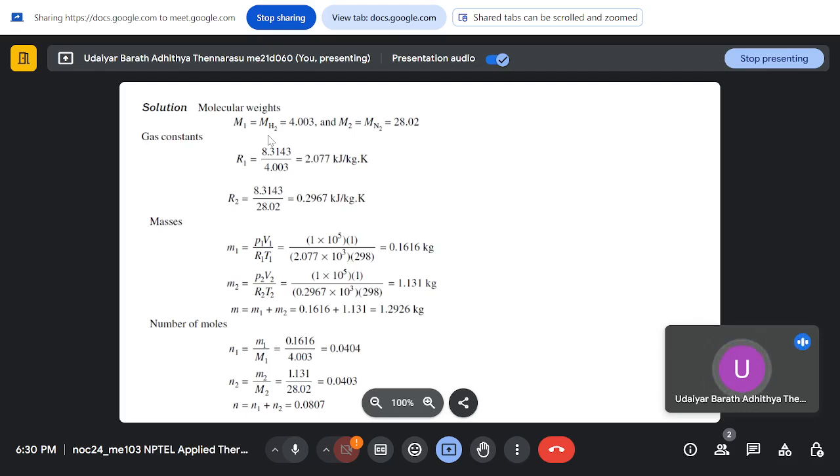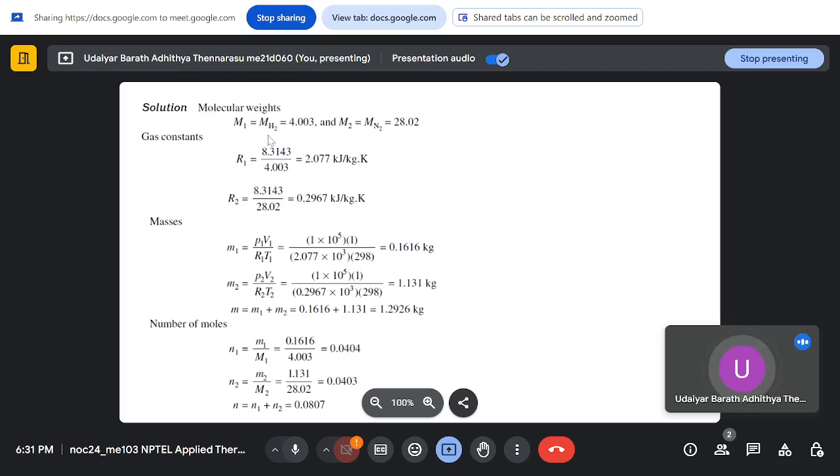So mass of hydrogen is P1V1 by R1T1. So here R is your gas constant, which we have already found out. So substituting, the other conditions are given. The initial pressure, volume and temperature are given. So volume is 1 meter cube, pressure is 1 bar, and temperature is 298 Kelvin. So substituting, you will get mass as 0.1616 kg.